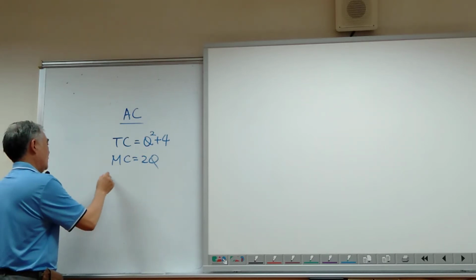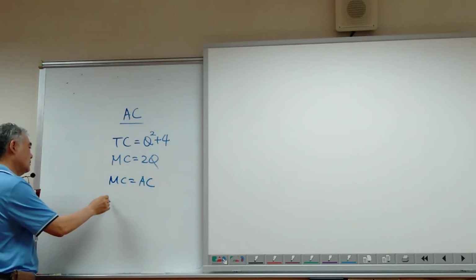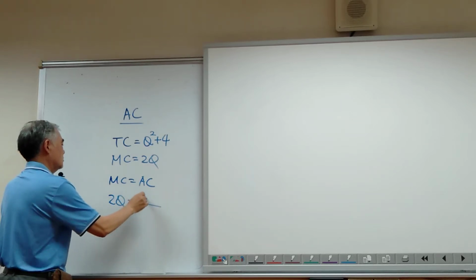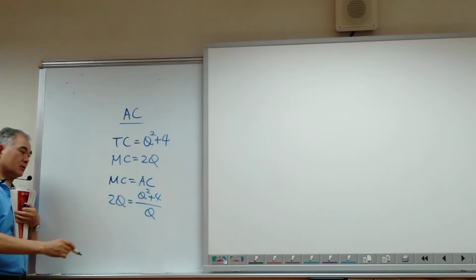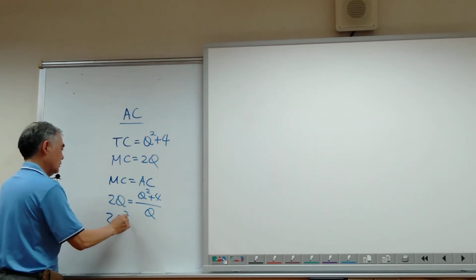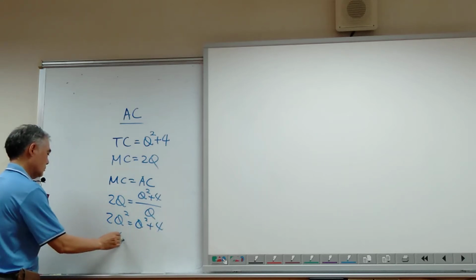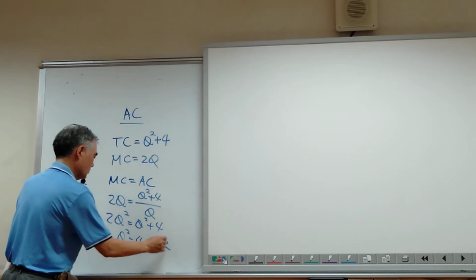MC is equal to AC, so MC is 2Q and AC is Q squared plus 4 divided by Q. So 2Q squared is equal to Q squared plus 4. So Q squared is equal to 4, so Q is equal to 2. This is the answer.